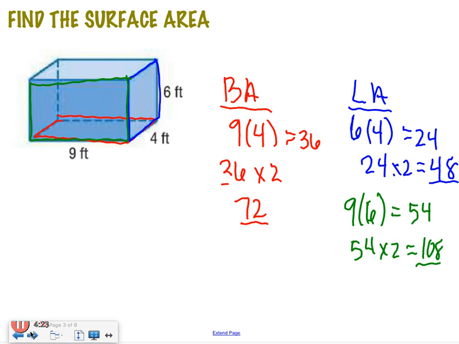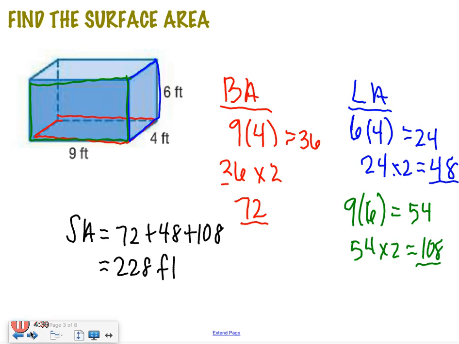So now we have to add them all up for our surface area. 228 feet squared. Perfect.